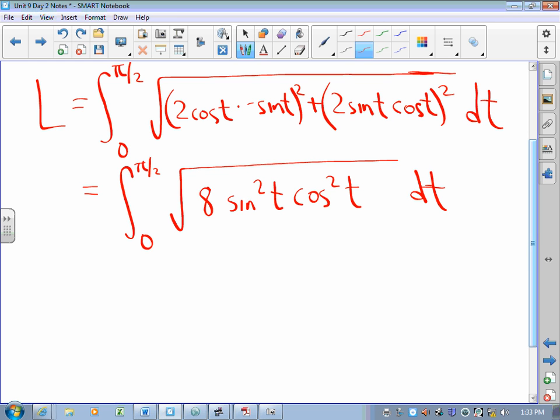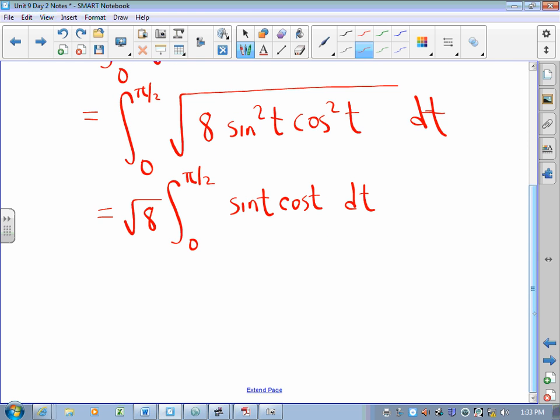Okay, so this is radical 8 times the integral from 0 to pi over 2. Luckily, we're in quadrant 1, where the square root of sine squared t is just sine t, and the square root of cosine squared t is just cosine t. You don't have to worry about absolute values because we're in quadrant 1.